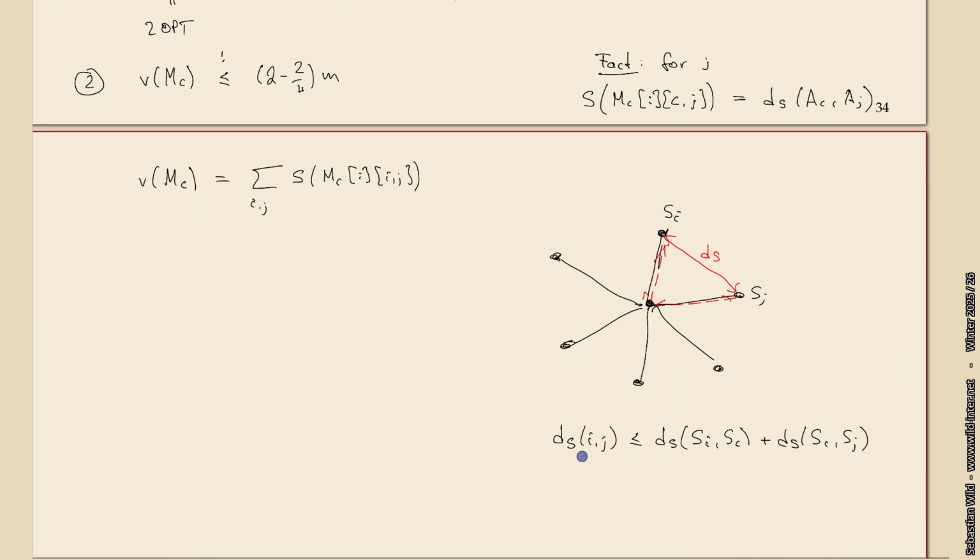So for all the summands, I have 2 options. I'm either summing over an edge or I'm summing over one of these, then I can upper bound it by summing over the two edges.